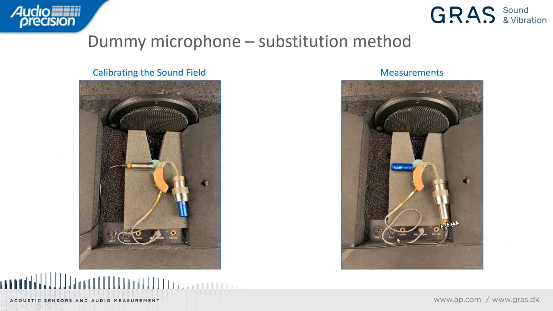Then when you need to do the measurements, you would flip the position of those 2. So the dummy microphone is now at the test point and the reference microphone is inside the coupler. And this is designed so that the dummy microphone takes up the approximate same size and volume as the reference microphone and gives you the same sound field under both circumstances.